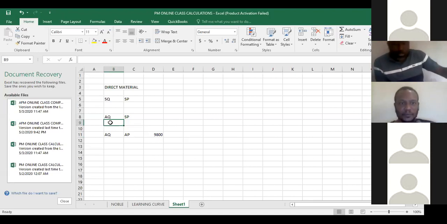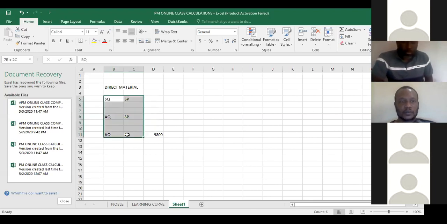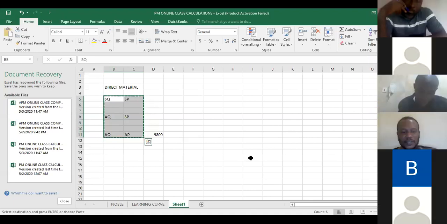Actual quantity, 2,300. The actual quantity is the actual amount of materials, the actual kilograms of materials in this case. It can be liters, it can be kilograms, it can be anything like that. So that's my actual quantity, 2,300.